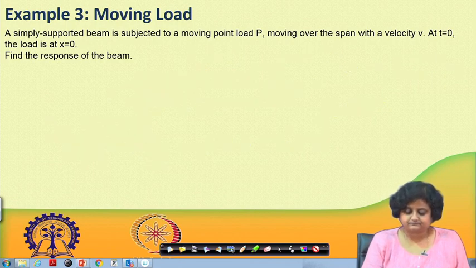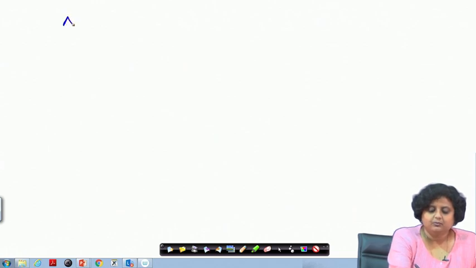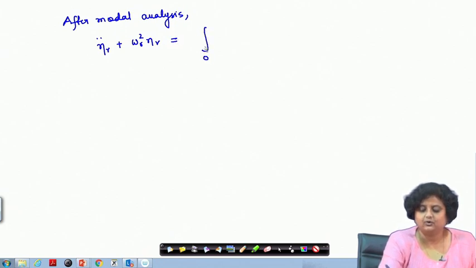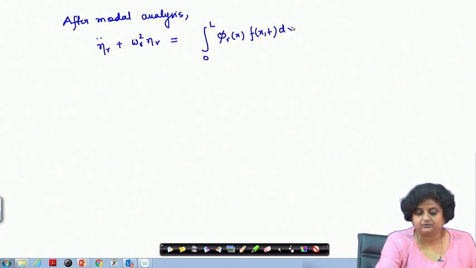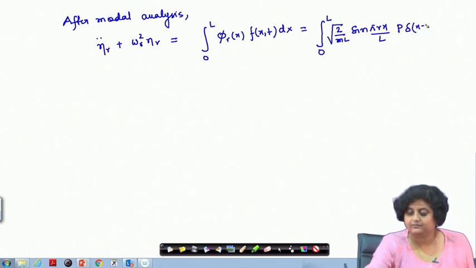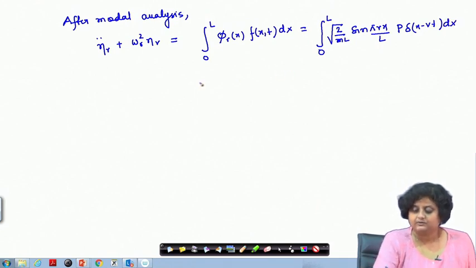So, let me do modal analysis, and after modal analysis, we have the equation of motion as eta r double dot plus omega r square into eta r is equal to the integral from 0 to L of phi r x f x comma t dx, which can be written as P into root over 2 by mL.